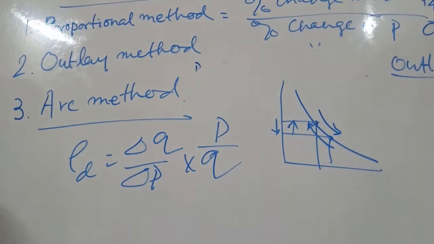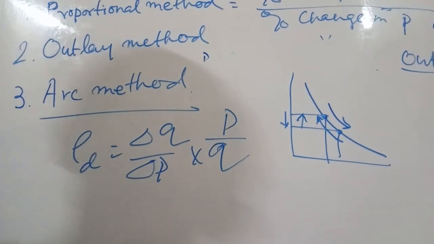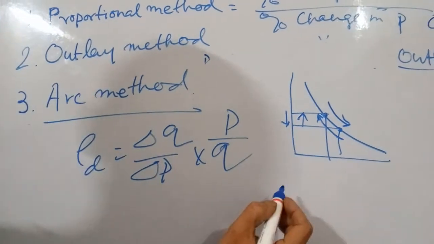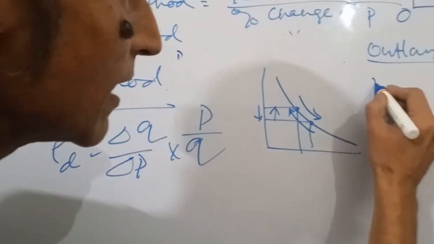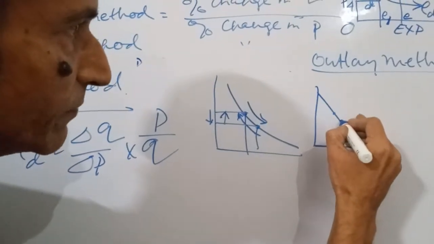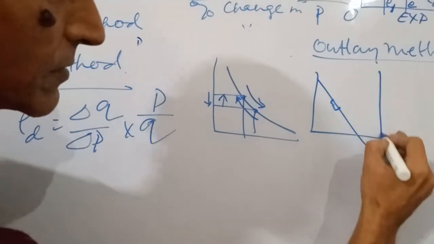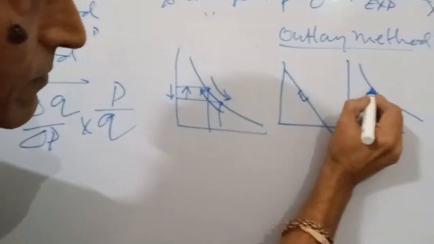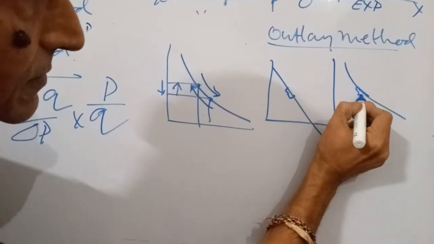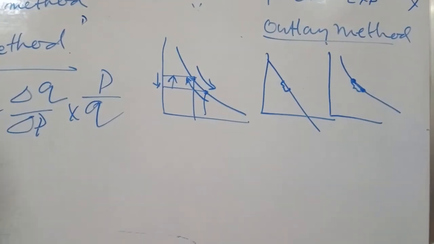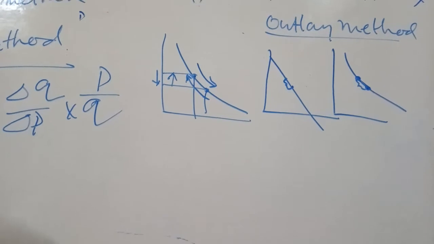This is the reason we measure an elasticity taking an arc. Arc means a part of the demand curve in between these 2 points. This is an arc of the straight line demand curve. And in curvilinear demand curve, this is an arc. That is elasticity between 2 close points.